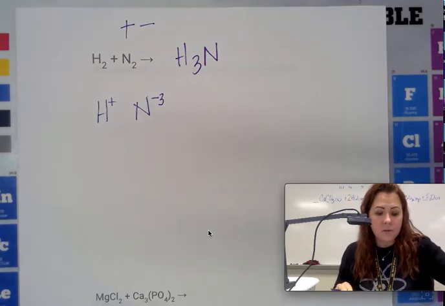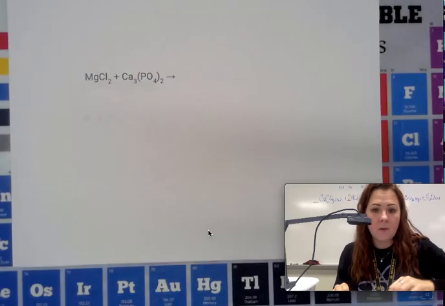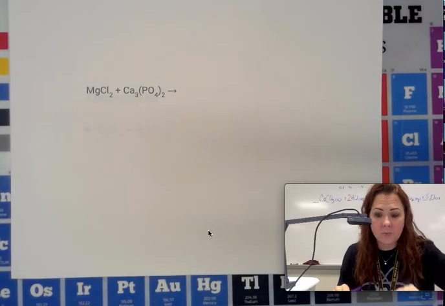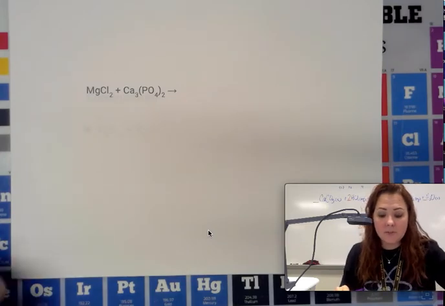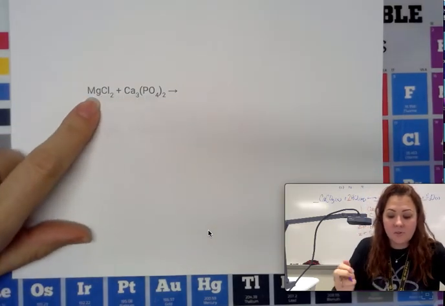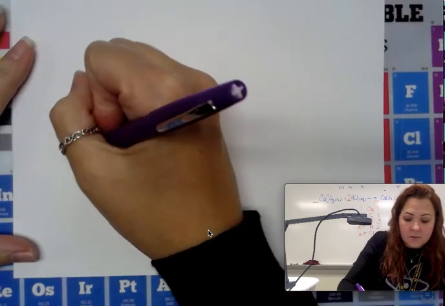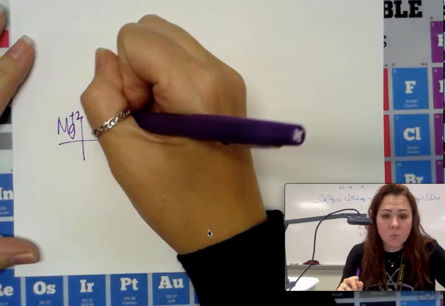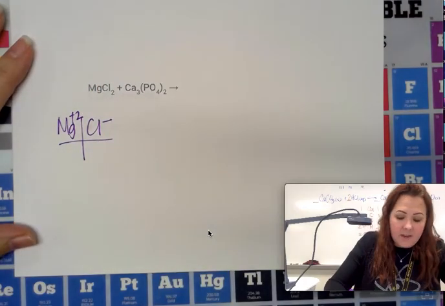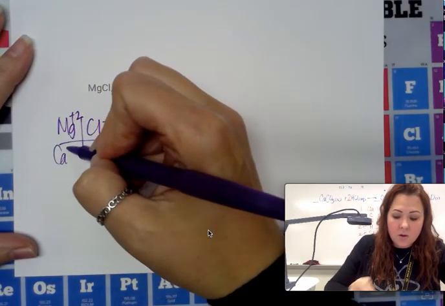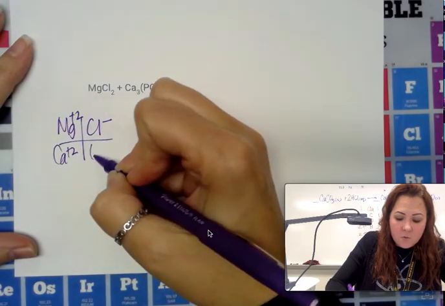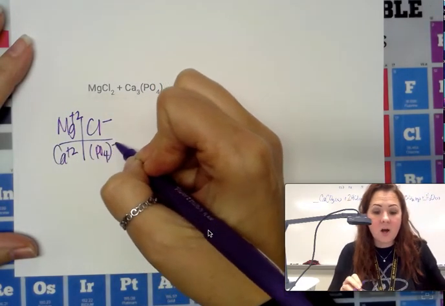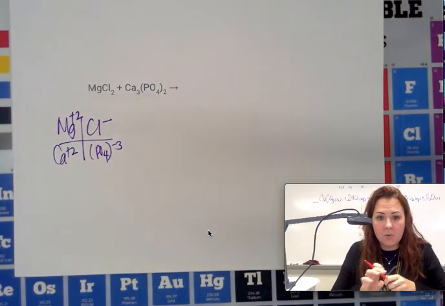The next one down here, this is another double replacement reaction. For my double replacement reaction, I have magnesium chloride and calcium phosphate. So magnesium is +2, chlorine's -1. I have calcium +2, phosphate is PO4 -3. Again, I'm just undoing what they're swapping and dropping with.